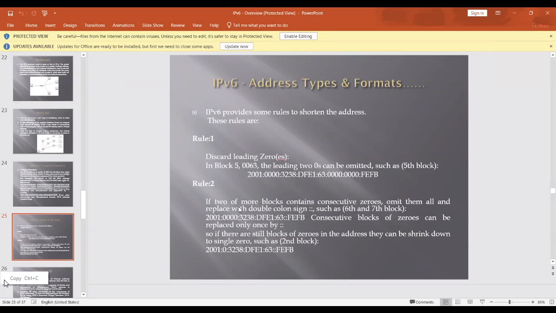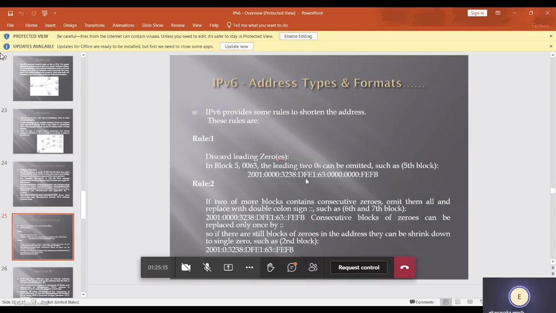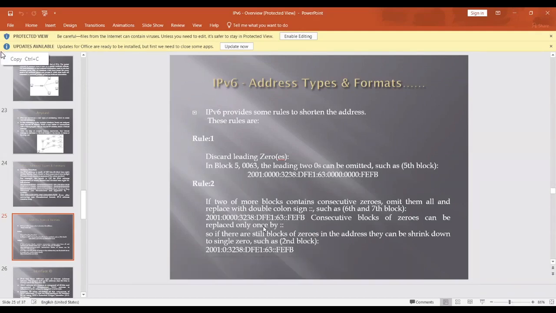If you want to do more compression, actually you can remove these leading zeros also, and we can represent these zero blocks with a single zero. And there is another rule, that is the second rule.